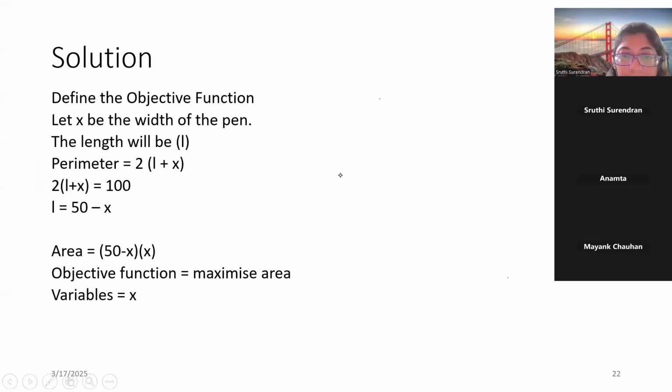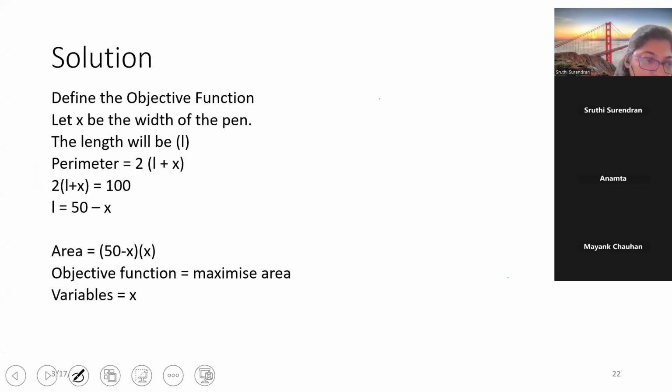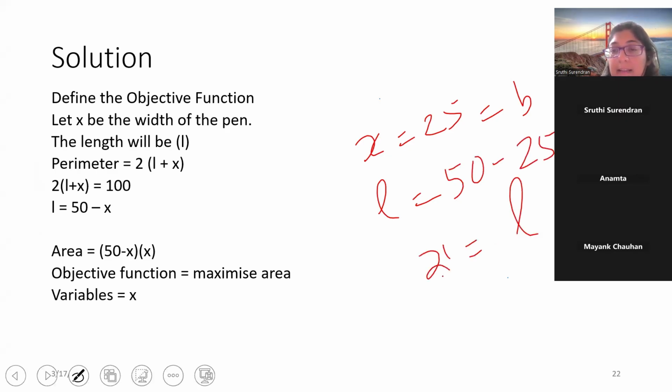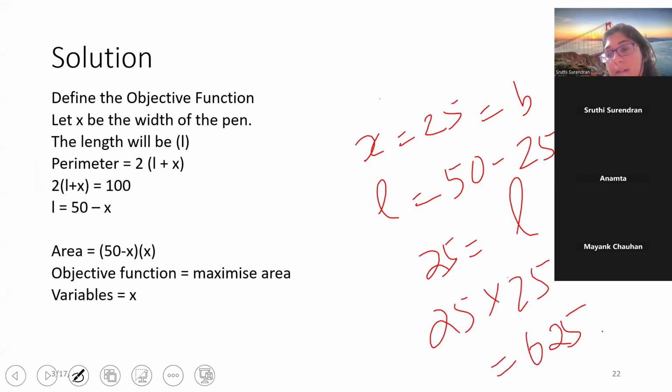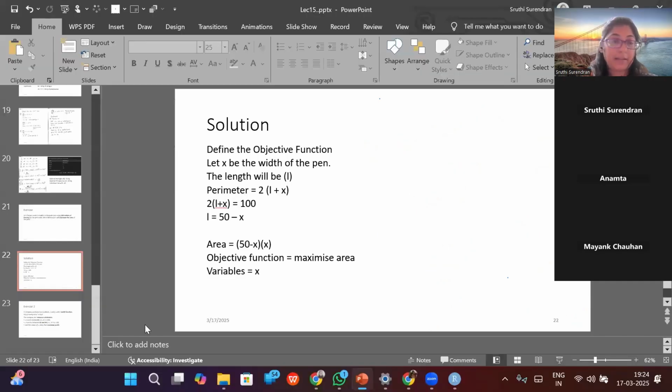We get x equal to 25, which is the breadth. Length will be equal to 50 minus 25, again equal to 25, and 25 into 25 will be 625. I don't know how Mayank did it, but if you do it using the derivative, it is correct. And if you do it using the optimizer, we get this value.